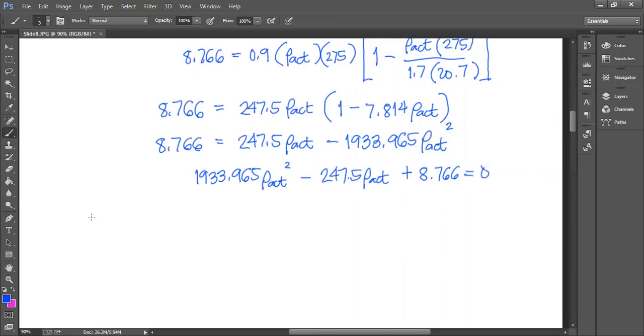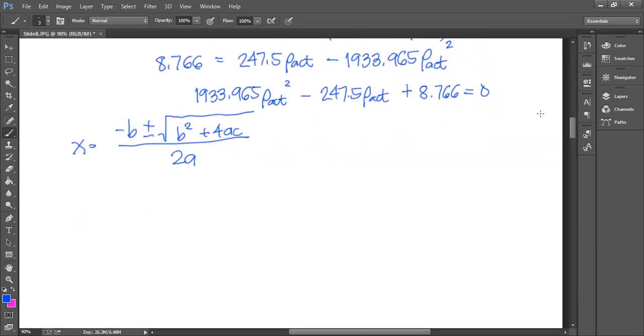Wherein, kung quadratic equation na titingnan natin, yung x natin is equal to negative b plus or minus yung square root ng quantity b squared minus 4ac all over 2a. Wherein, yung a natin ngayon is equal to 1933.965, b is equal to negative 247.5, and c is equal to 8.766.